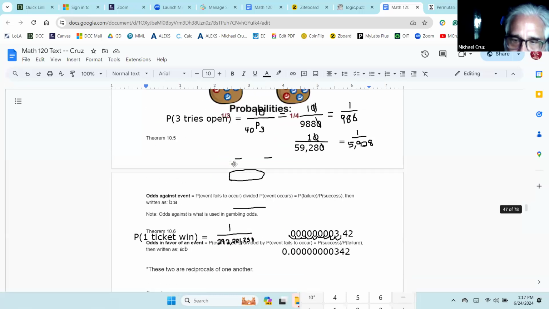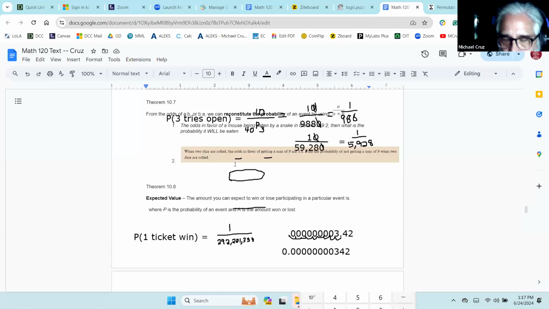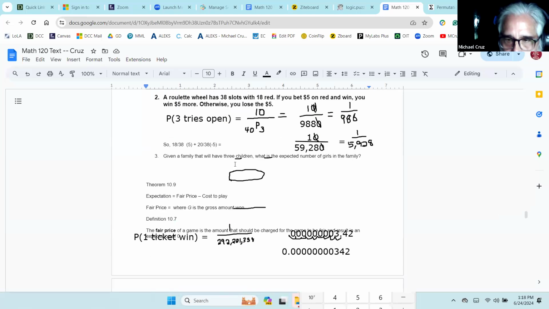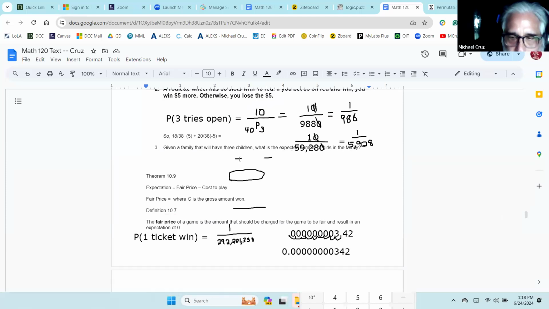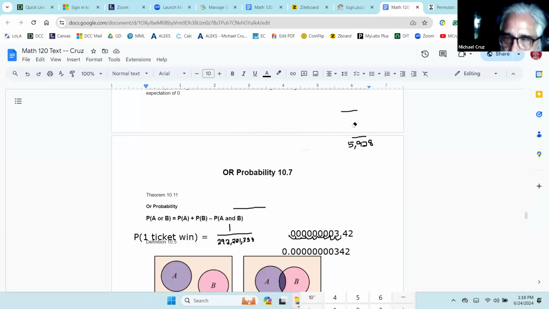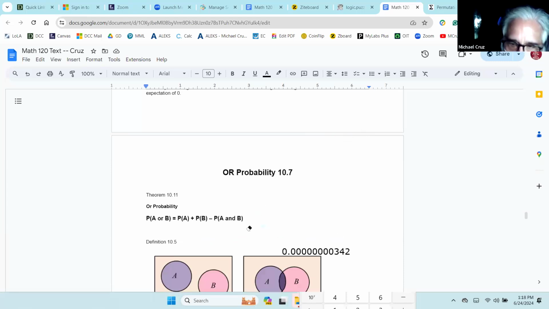All right, we're going to come back to odds, and we're going to come back to expected value, because the way that it works, they jump on the or and the and probability first. So the two biggest rules we have so far are or probability and and probability.